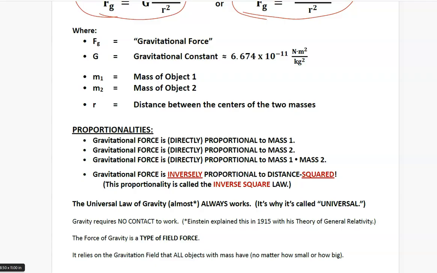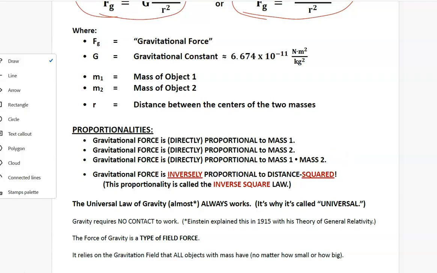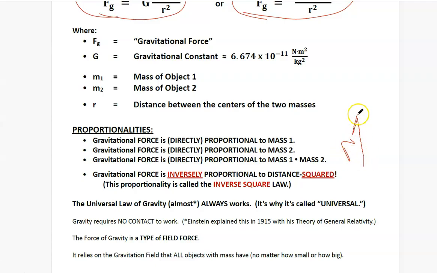In other words, you've increased the r, the distance between the two masses, threefold. So if the r is increased threefold, you have to ask yourself, what happens to the force?